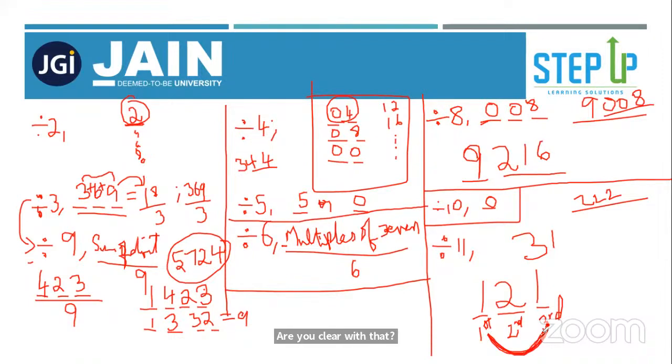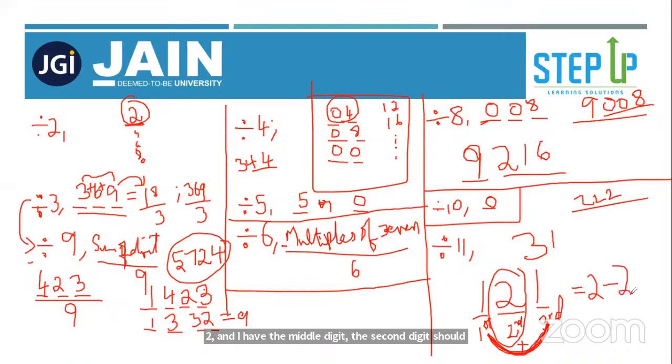Taking the first and third digit, leaving out the other one, and we have to add them. What is the sum of the first digit and the third digit? Two. And I have the middle digit. The second digit should be subtracted from this 2 so that I get either 0 or 11. For this, I'm getting 0, so it is divisible by 11. Or I should get 11. When I do like this, it will be divisible by 11.